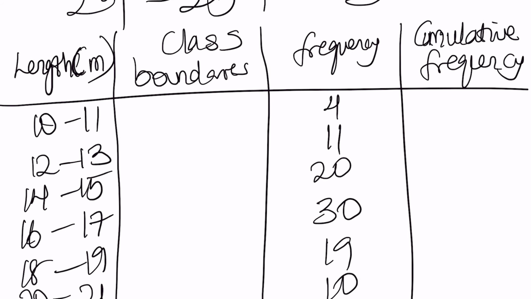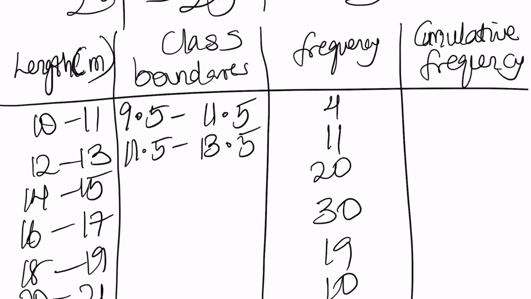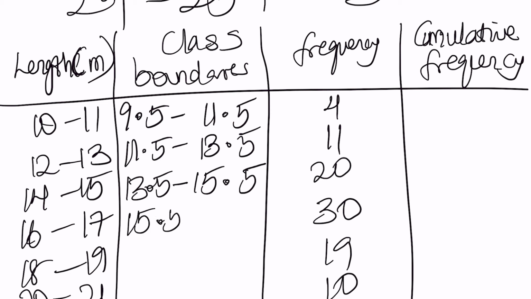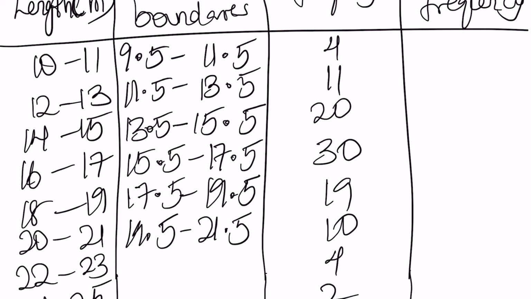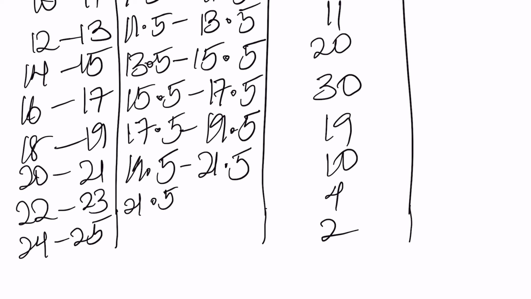So for our class boundary, we have 9.5 to 11.5, 11.5 to 13.5, 13.5 to 15.5, 15.5 to 17.5, 17.5 to 19.5, 19.5 to 21.5, 21.5 to 23.5, and 23.5 to 25.5.